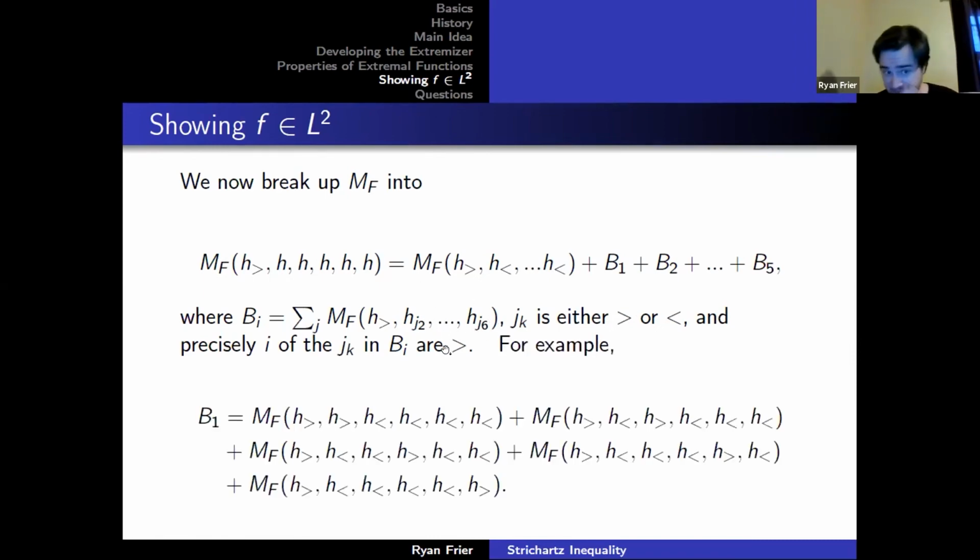So specifically, for B1, out of the last 5, one of them is going to be greater than. So here's the first one, here's the second one, here's the third one, here's the fourth one, here's the 5th one, right? And it's going to be the exact same way for all the other B2, B3, B4, B5.